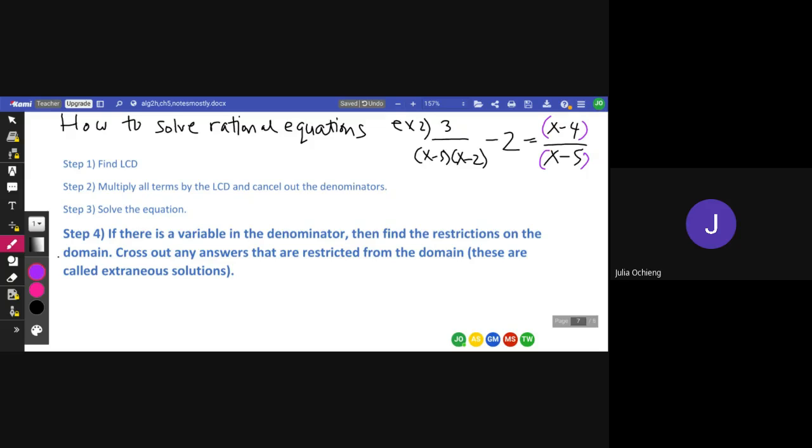Okay. So then step 1 is to find the LCD. So we're going to go ahead and do that. This time there are 3 fractions. And the factors that I see are x minus 5 and x minus 2.